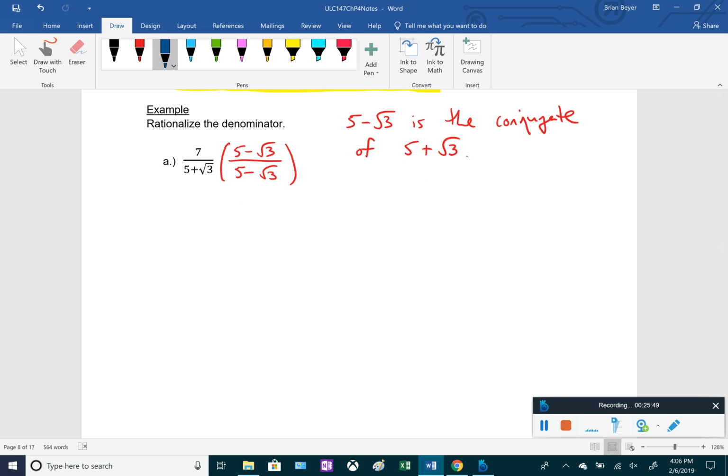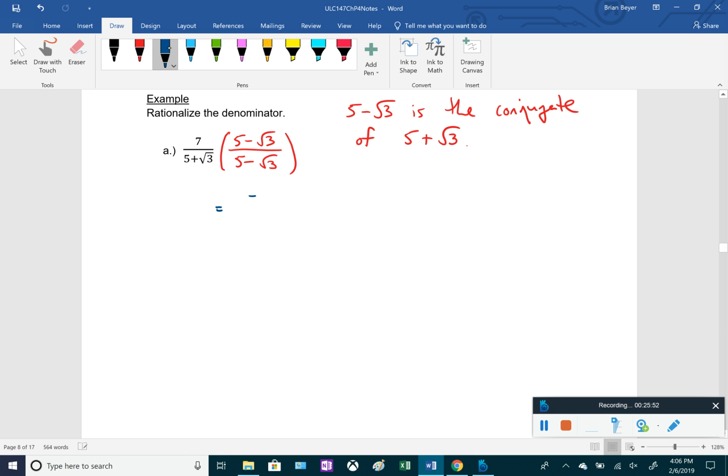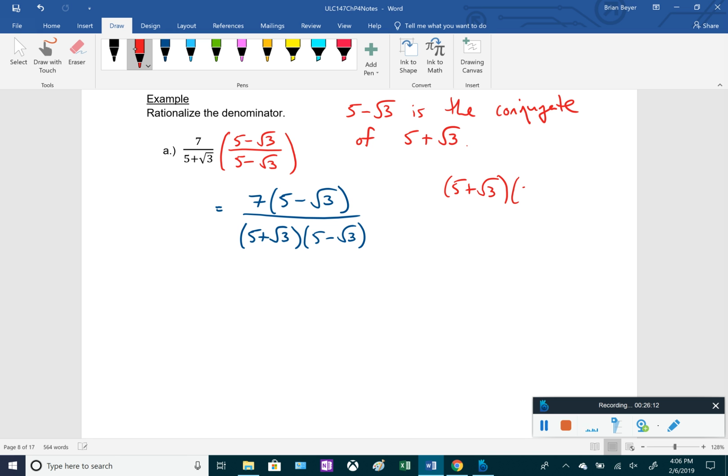So let's see what happens here. The numerator is going to be 7 times the 5 minus radical 3. For that denominator, I'm just going to rewrite it so it's all in the same spot here. It's 5 plus radical 3 times 5 minus radical 3. I'm going to do this work on the side. 5 plus radical 3 times 5 minus radical 3. Multiplying conjugates, it's the first one squared minus the second one squared.